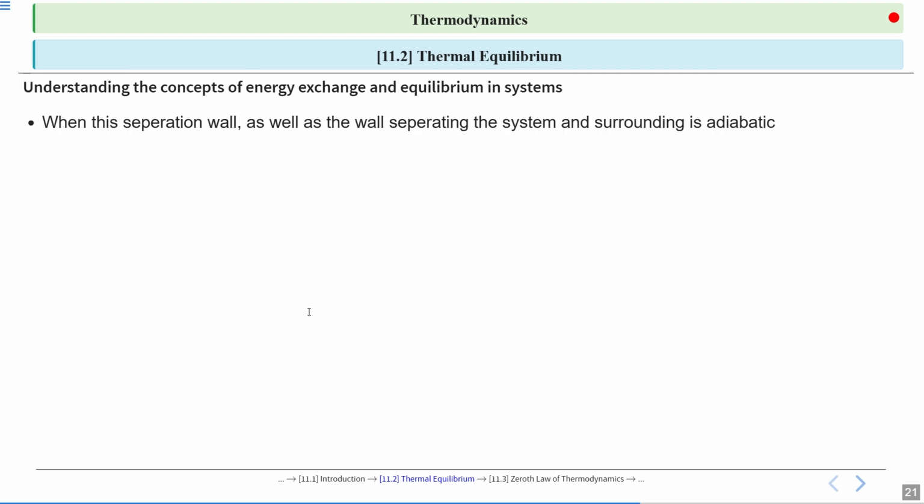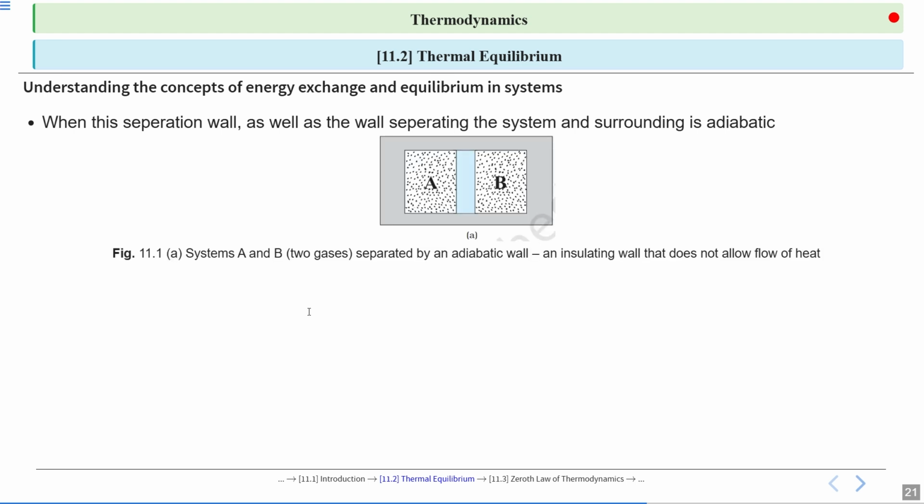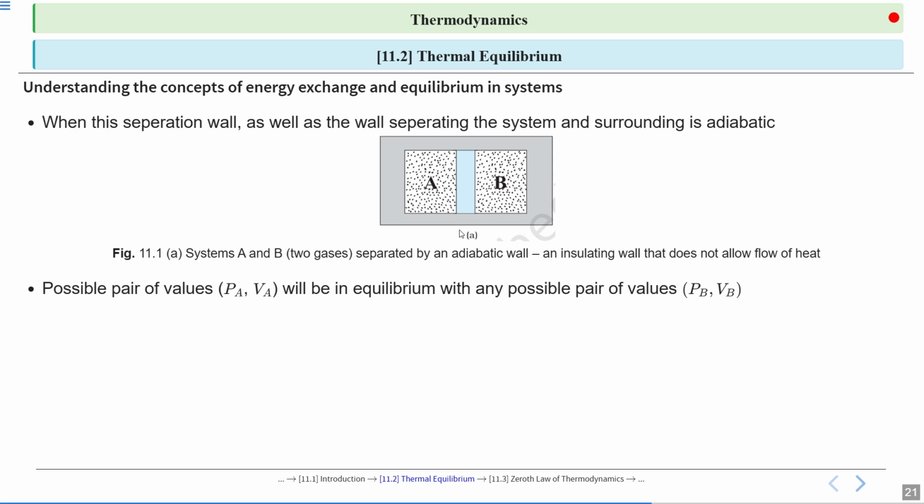When the separating wall between the systems is adiabatic, we can say any possible pair of values, pressure PA and volume VA, will be in equilibrium with any possible pair of pressure PB and volume VB.